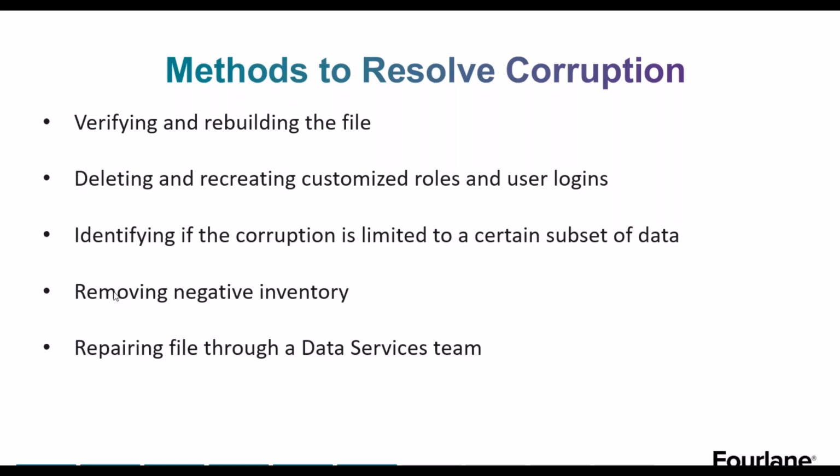That typically involves going through a scoping process for that team to do a complete 360 view of not just the database and the software itself, but also the transactional and financial information in the system to see what is damaged and if the file can be repaired. So again, those first few bullet points are great options in product before we would have to look at using some sort of third-party team to help resolve the issues with the file.